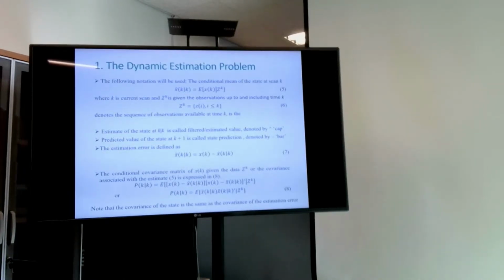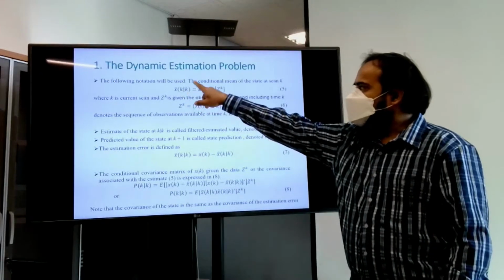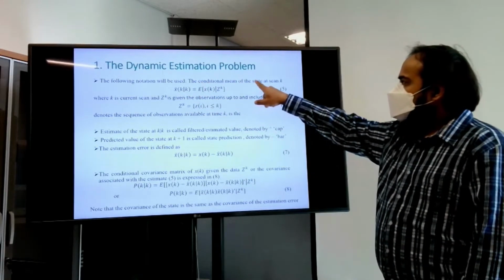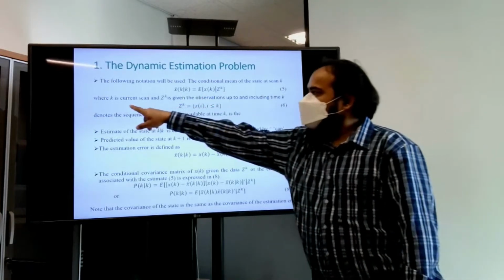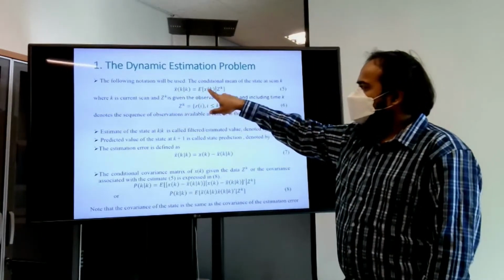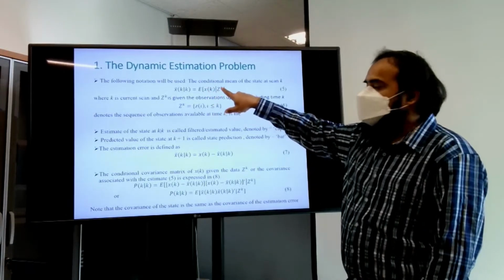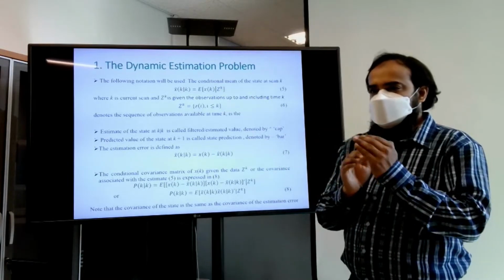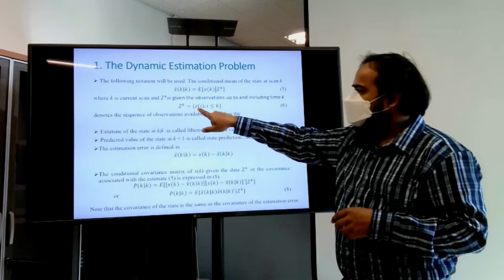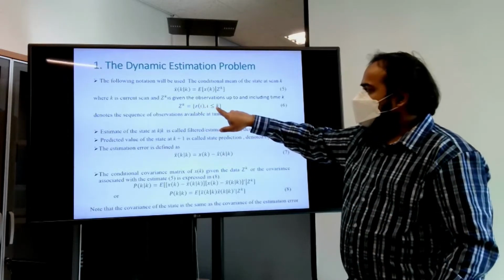Now, the following notation will be used. This is the estimator, and this is the conditional mean of the state at scan k. It is the expected value of the random variable conditioned on Zk. As you know, Zk is the complete set which includes zi, where i is the scan number and k is the last scan.